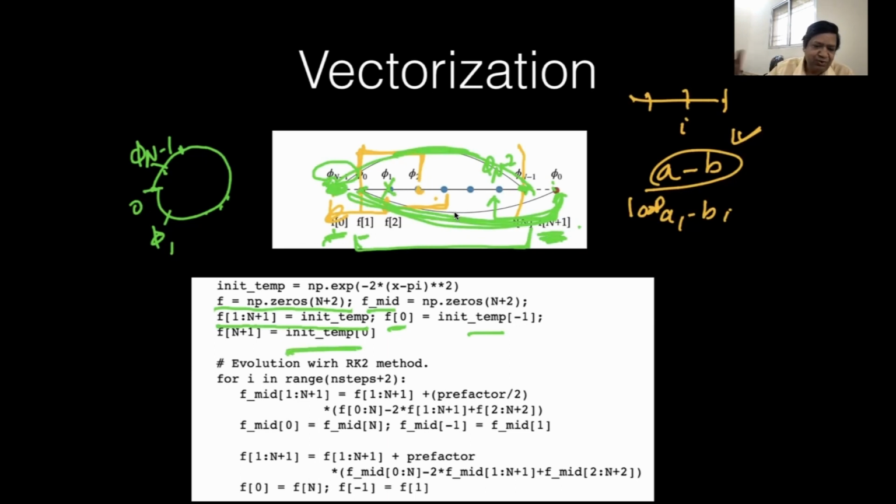So we need to keep doing it all the time. In fact, we see that here. F0 is Fn and F n plus 1 is F1. You can see that the central difference scheme is here. So what I'm doing in this step, F1 to n plus 1, I have this full array.